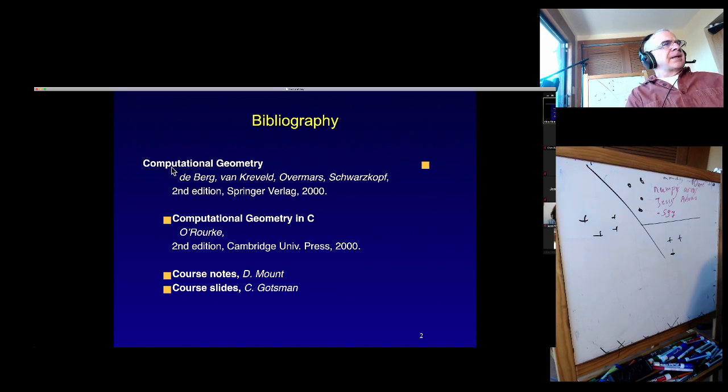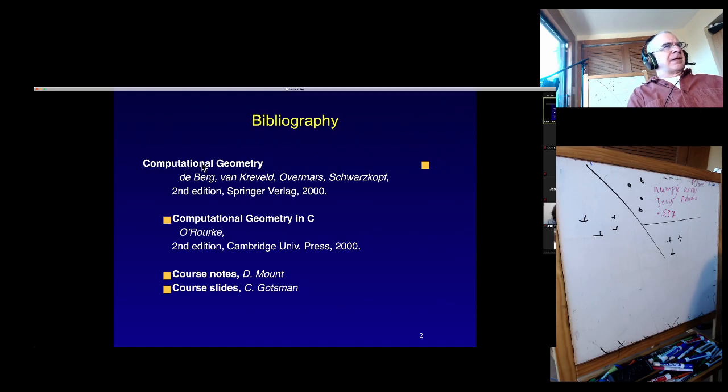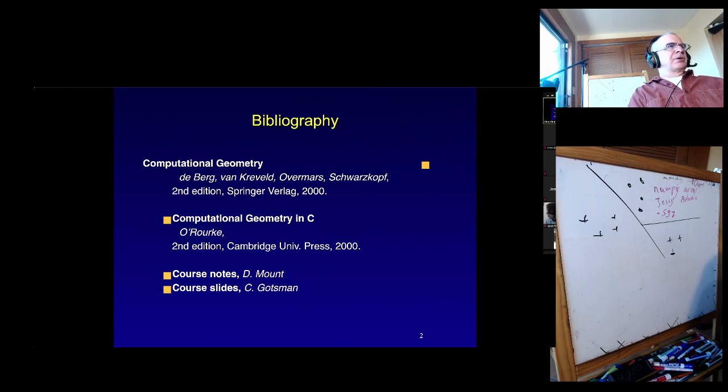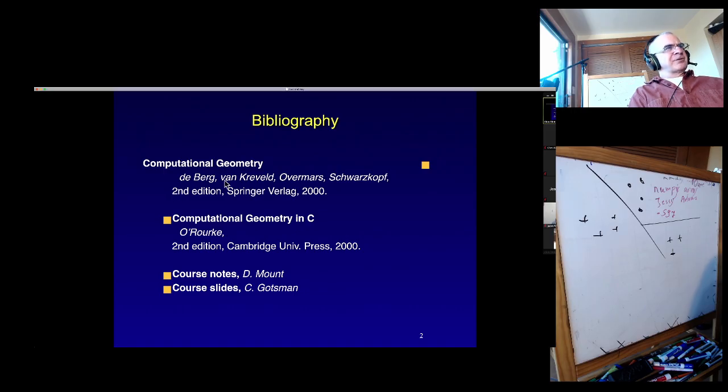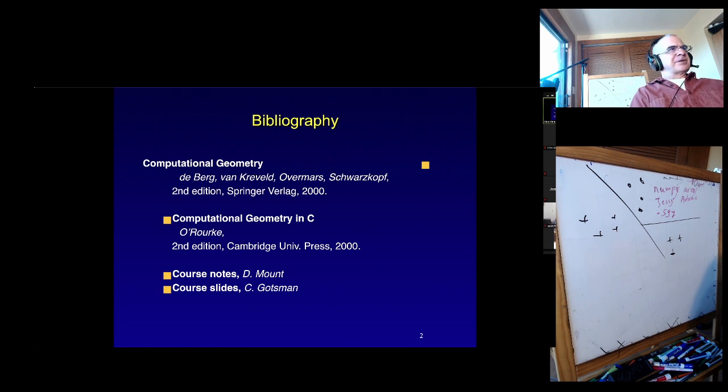The one that goes a bit deeper is the famous book by the 4M, or MMMS. It goes by Mark de Berg, Mark van Kreveld, Mark Overmars, and Otfried Schwarzkopf. When Otfried says it, his joke was that it's Mark de Berg, Mark van Kreveld, Mark Overmars, and myself, so it's 4M.